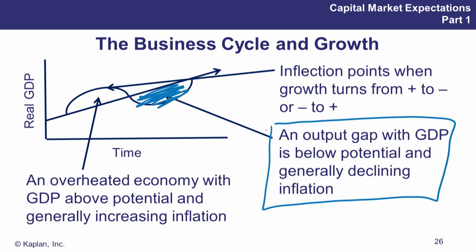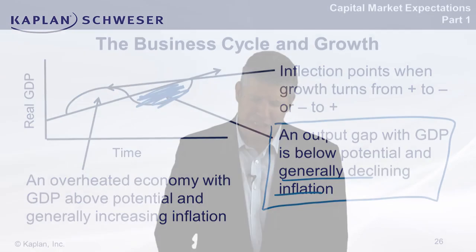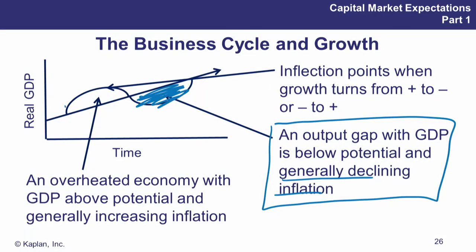GDP is lower here, and generally declining inflation was a clue as well. So typically in the morning, given some data, you had to give some evidence of an output gap coming in. However, in the boom period here, overheated, notice that it's above the long-term trend. That's below the long-term trend as well.